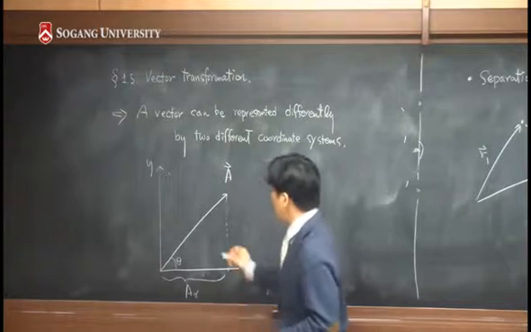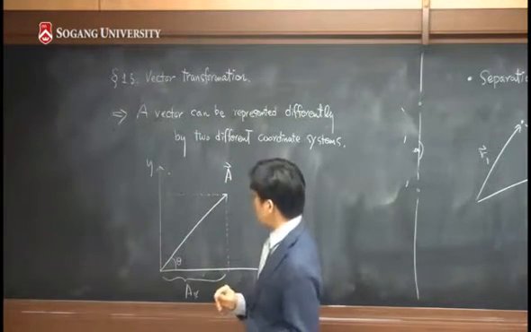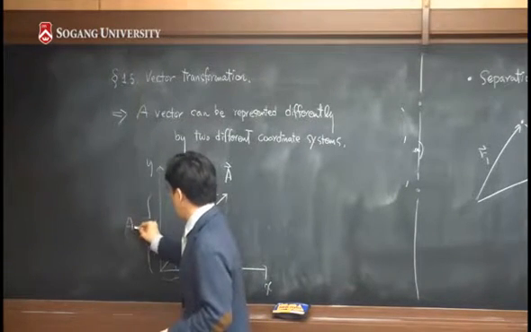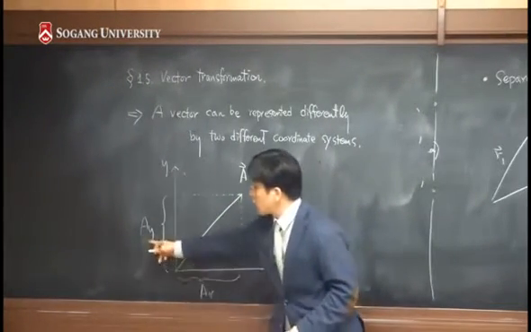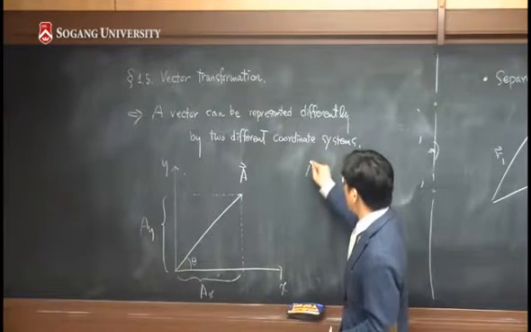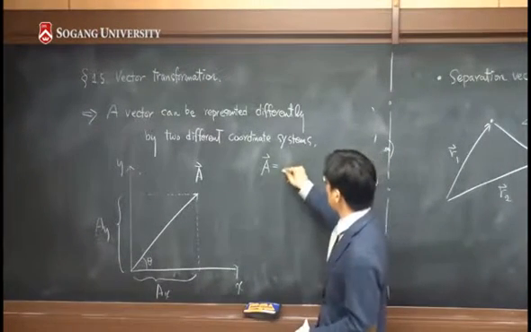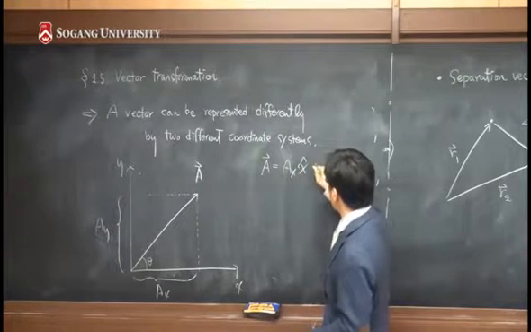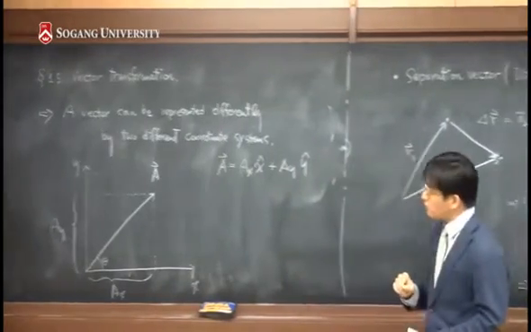And if you project that vector a onto the y-axis, then this length will be ay. Together with ax and ay, we can express the vector a in component form: ax in the x direction and ay in the y direction like this.